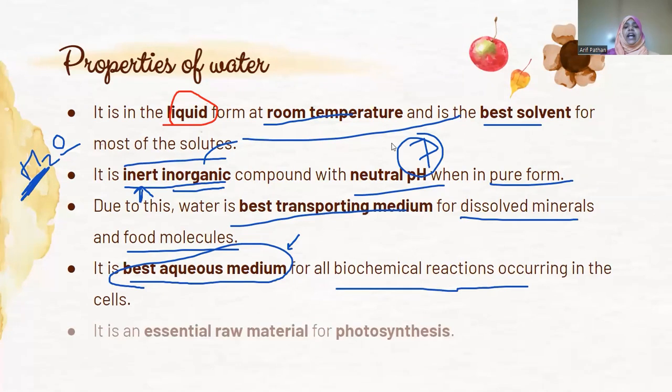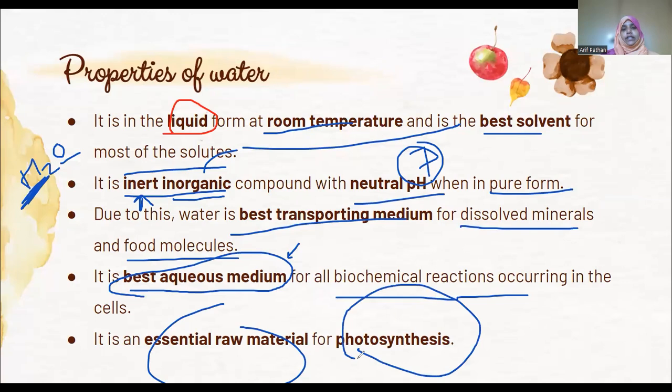And finally, it is a very, very important raw material for photosynthesis. So for the plant to make food, it requires sunlight, it requires carbon dioxide, and it requires water also.